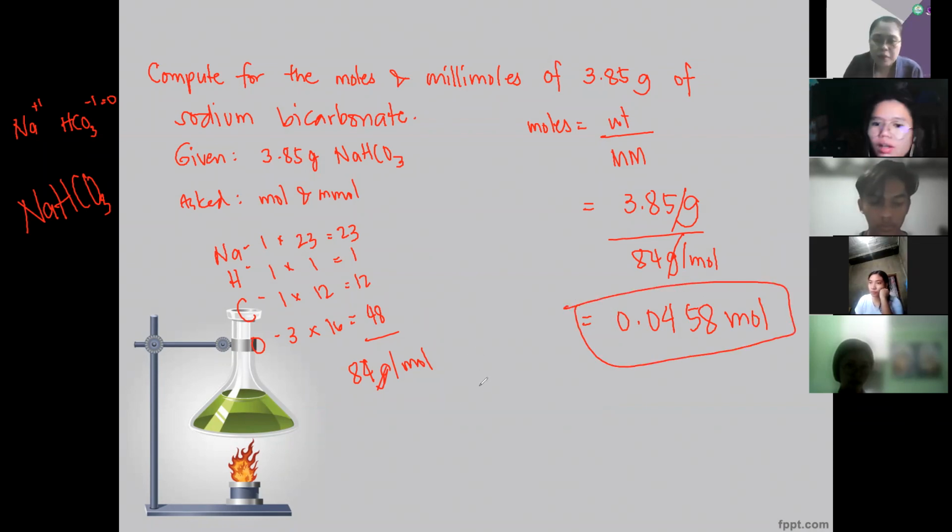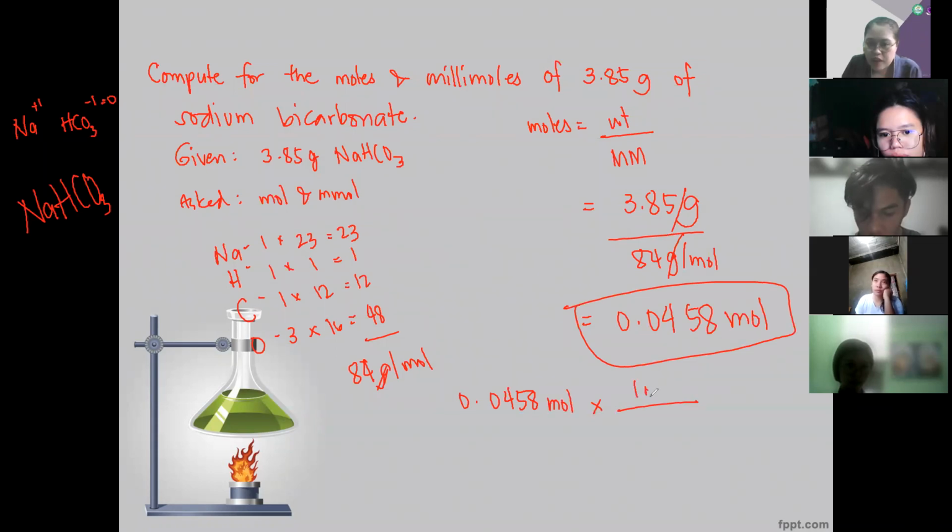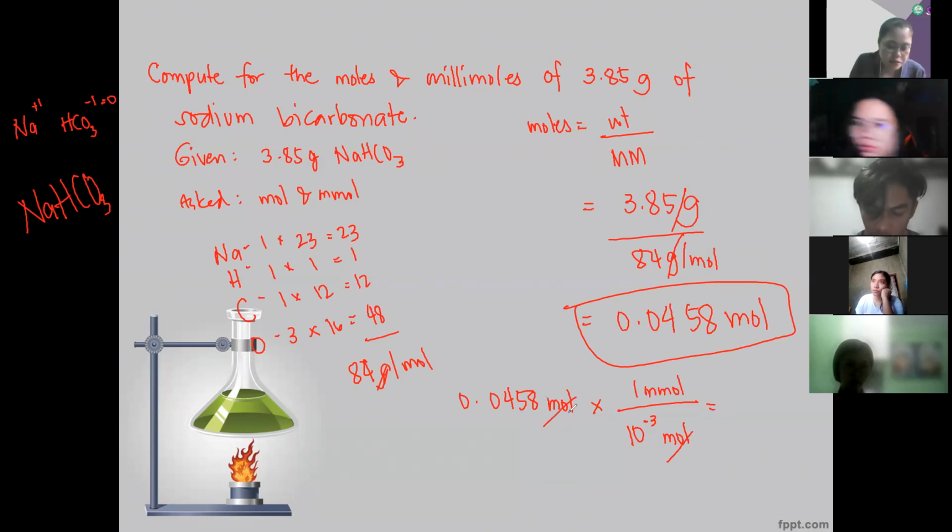Now we can proceed. Let's just convert the moles to millimoles. We have 0.0458 moles. And then our conversion factor sa isang millimole, meron tayong 10 raised to the power of -3 moles. So we can cancel this and then let's proceed. 0.0458 divided by 10 raised to the power of -3.